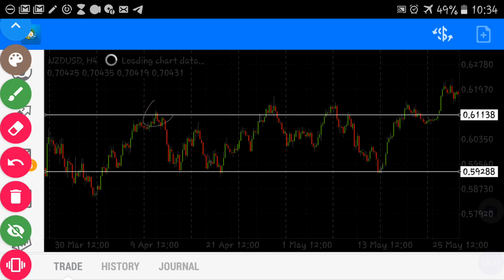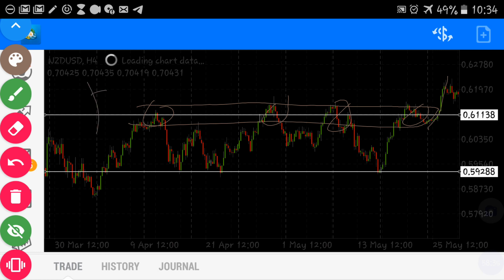Those key areas, I pointed this out, I pointed this out, and I pointed this out. Now if all these key areas get broken, it changes from being a resistance to a support. Now this is the other way to place your support and resistance on your chart.